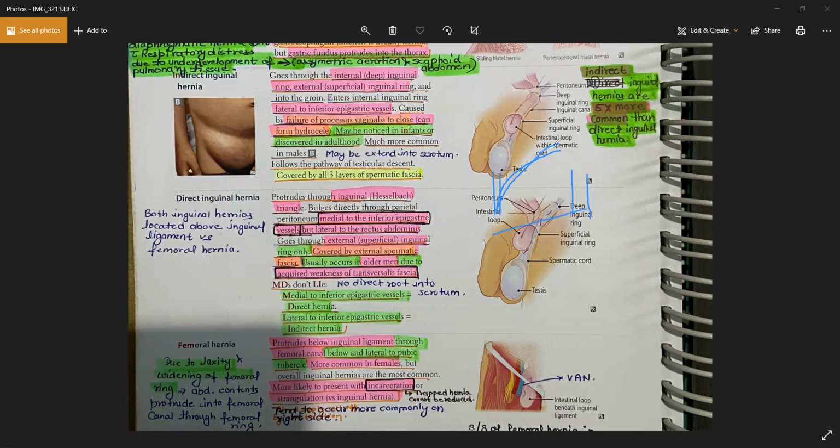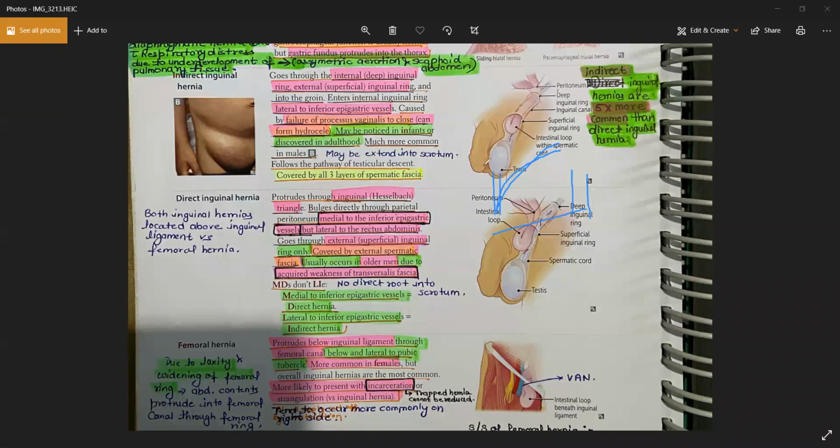From this triangle, if there is a weakness in the abdominal wall, it can lead to herniation of the abdominal contents, and it is always medial to the inferior epigastric vessels, but lateral to the rectus abdominis.